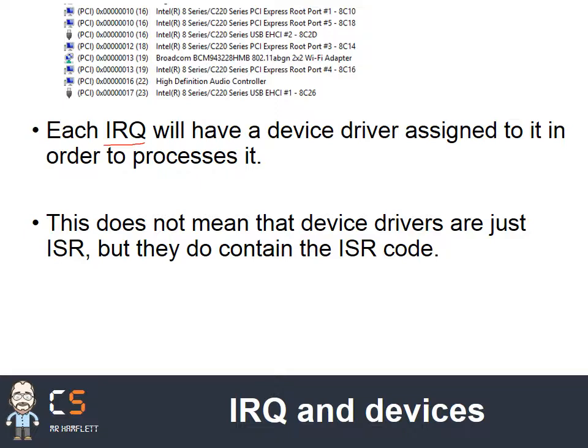So you can see here I've got the interrupt request number, and then next to it I've got what it links to. Okay, so looking at a more obvious example, we've got interrupt request 22 is linked to the audio controller, i.e. sound card. Now this does not mean that devices are just interrupt service routines, but they do contain the code to actually manage it.